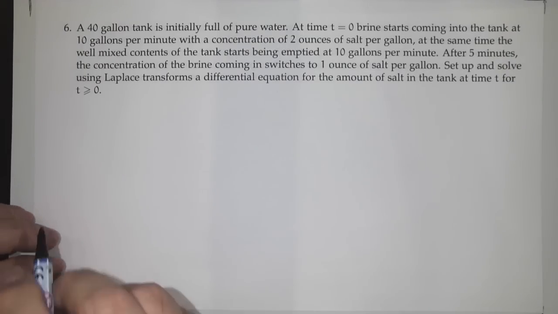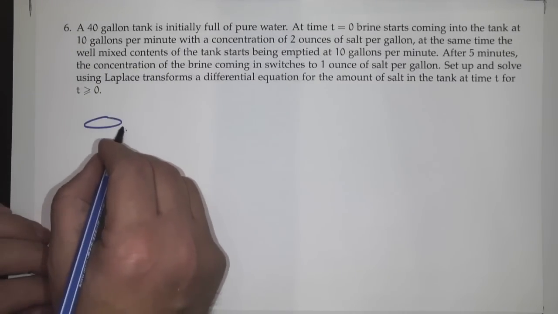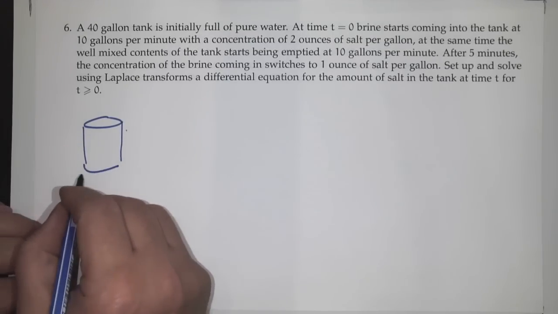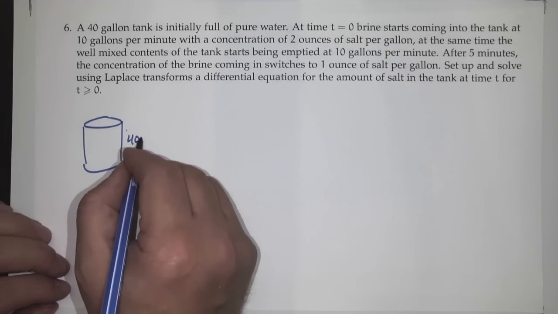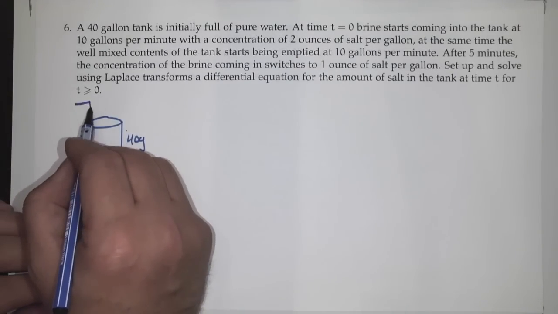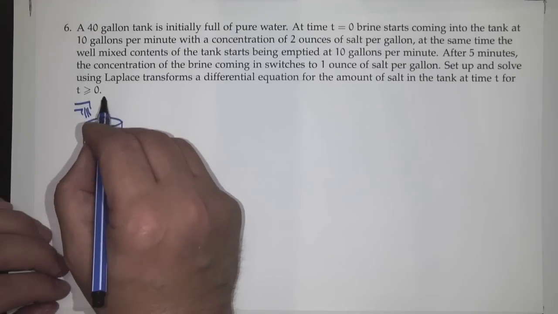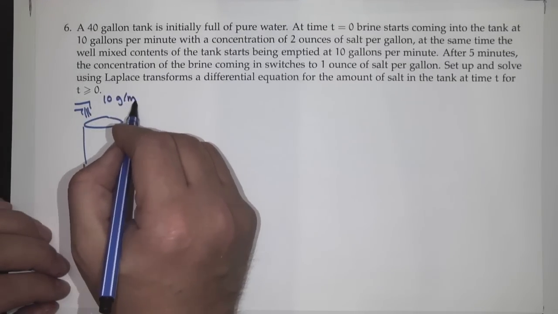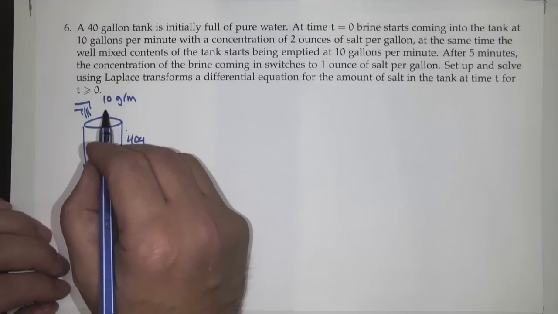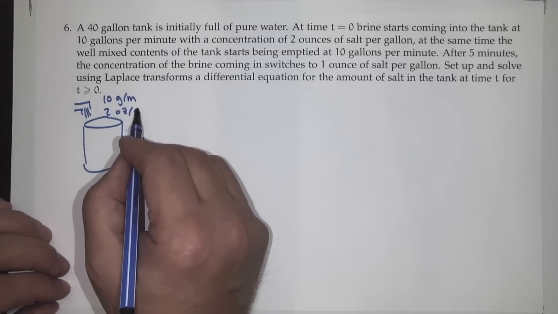All right. So a 40-gallon tank is initially full of pure water. So we've got to draw our tank. We have our 40 gallons. It's full. At time t equals 0, brine starts coming in to the tank at 10 gallons per minute, and there's a concentration of 2 ounces of salt per gallon.